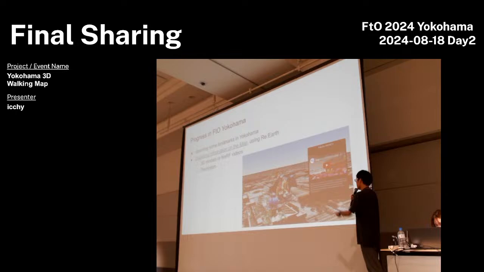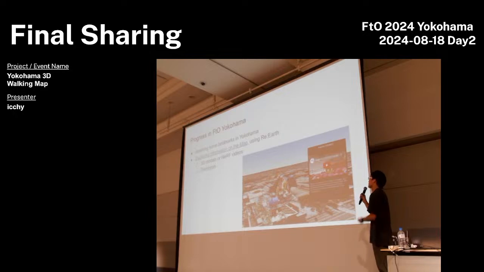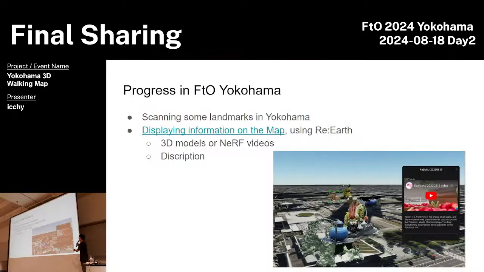This is an example: a killer panther and a slime. We 3D scanned and imported them. The description is from last year, when I took the Pokemon, and it imports a navigation movie and description text.